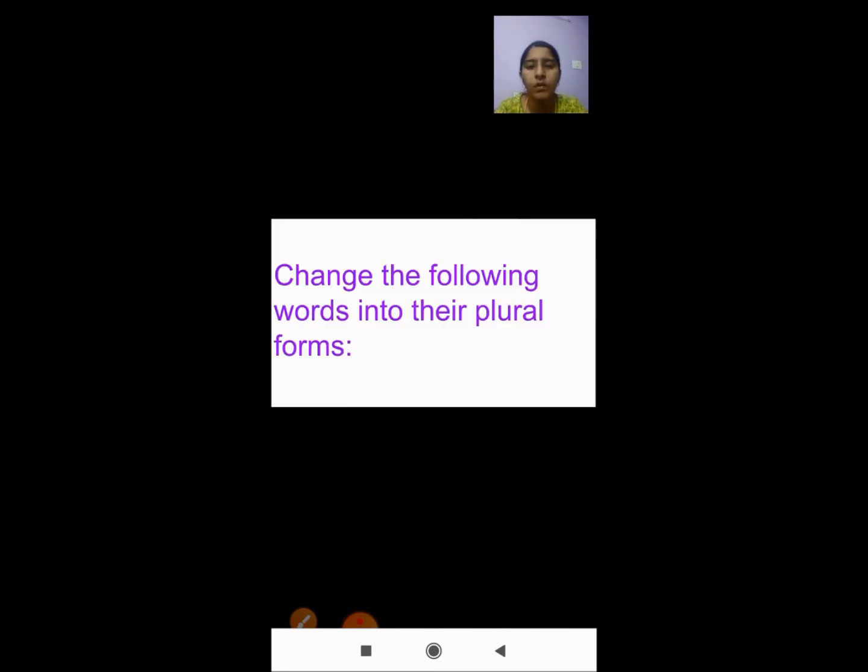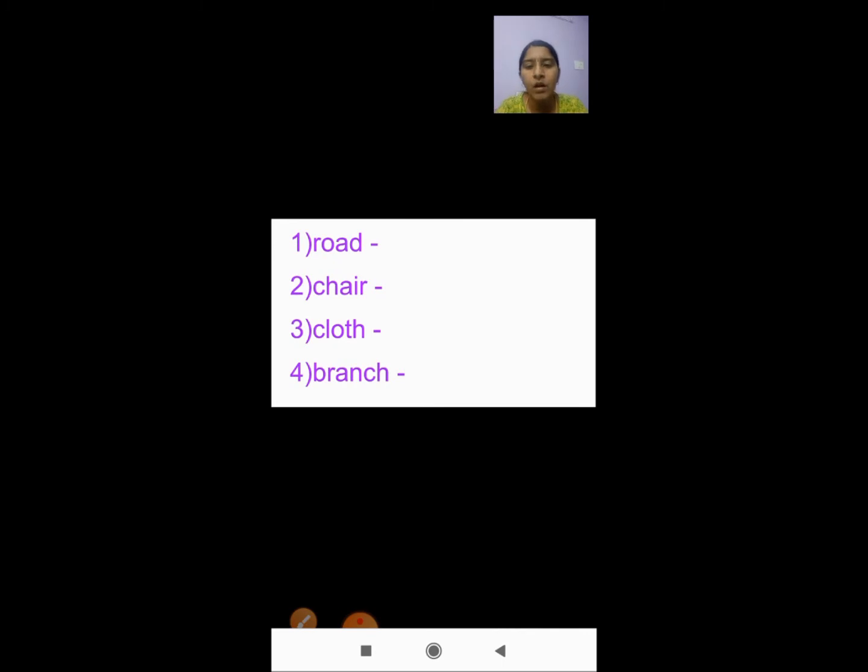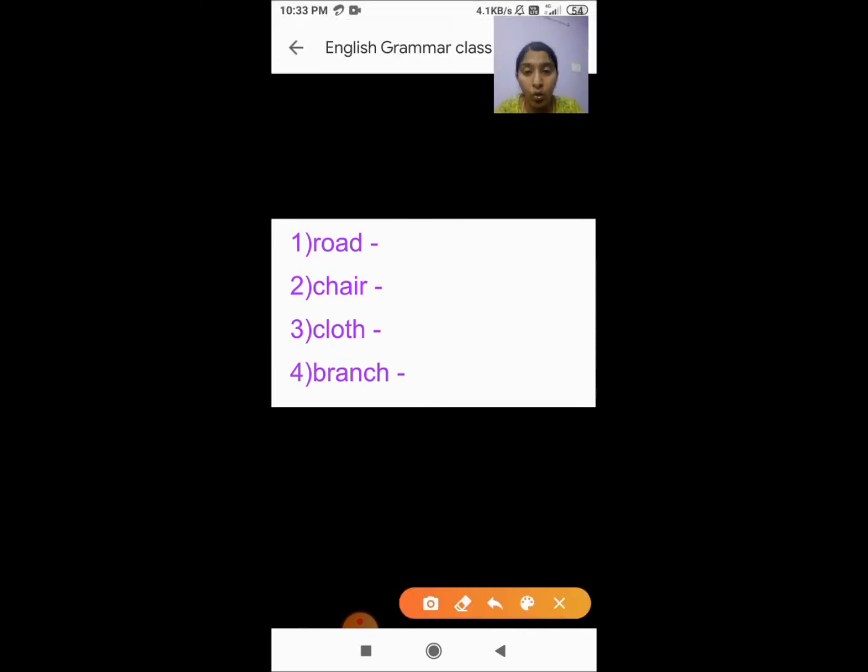Now change the following words into their plural form. We are going to change the words. Singular words are given. We are going to change them into plural words. So the first one we have is road.